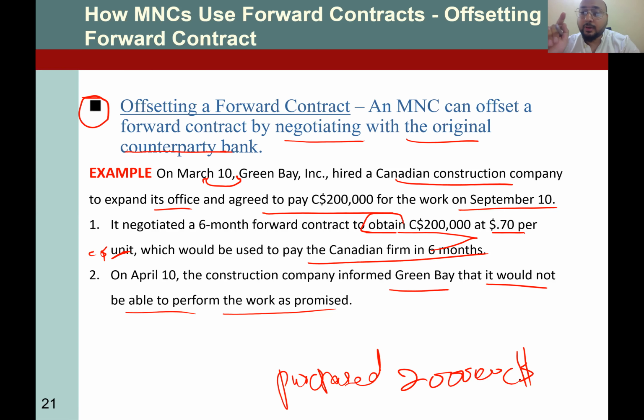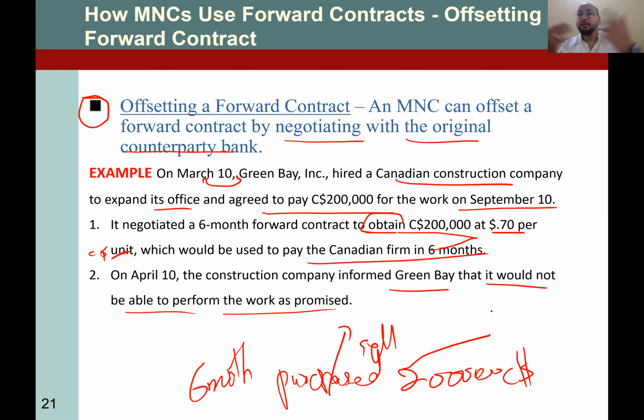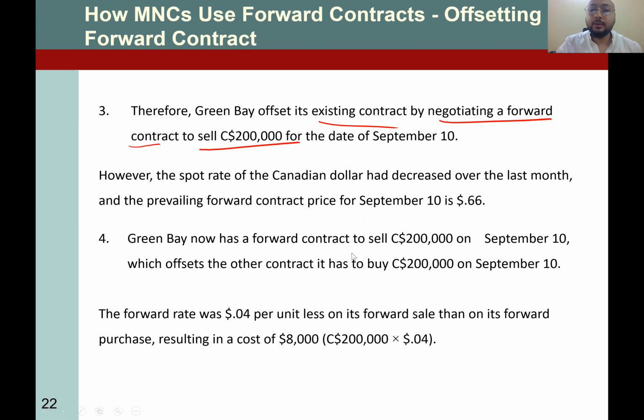Their first contract was for 6 months, to purchase 200,000 Canadian dollars. Now after 30 days, what happened? They need to cancel the contract. So they enter into a contract now to sell this 200,000, so that they have an offsetting contract.